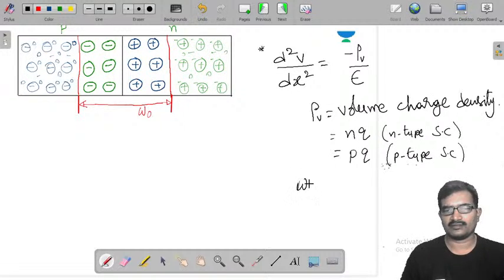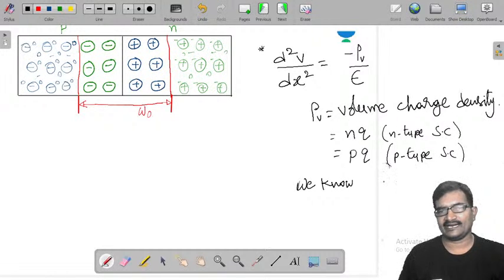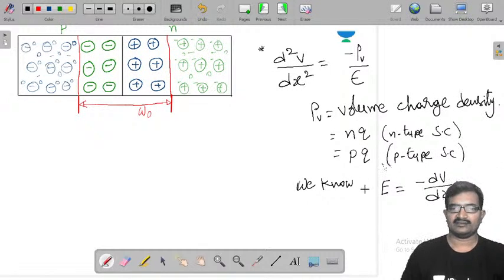We know the electric field E equals minus dV by dx. Just substitute this E value, that means the dV by dx value, here.